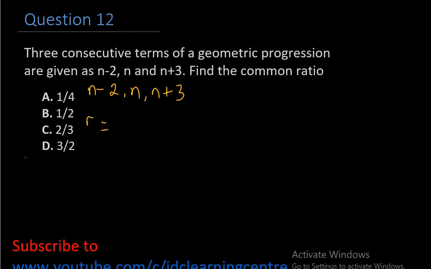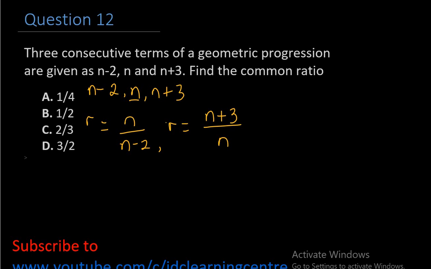Common ratio is the second term, like n is the second term here, divided by the first term, or the common ratio can also be the third term, like you have n plus 3 divided by the second term, which is n. So for the common ratio, you just divide the second term of the sequence by the first term, or simply find the ratio of any 2 consecutive terms by taking the previous term, like I've done.